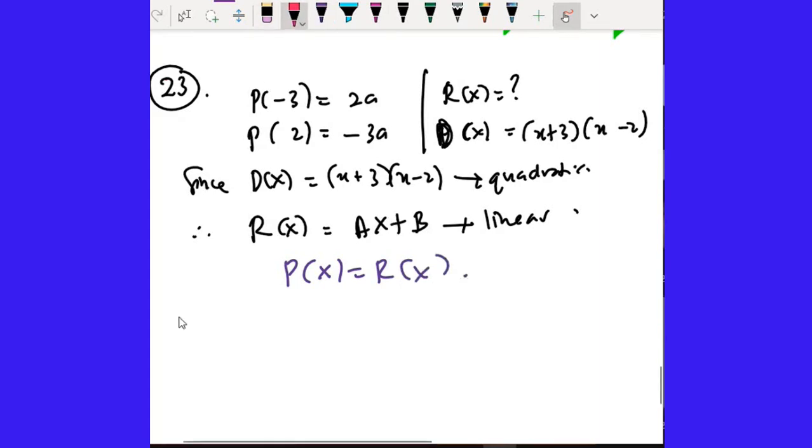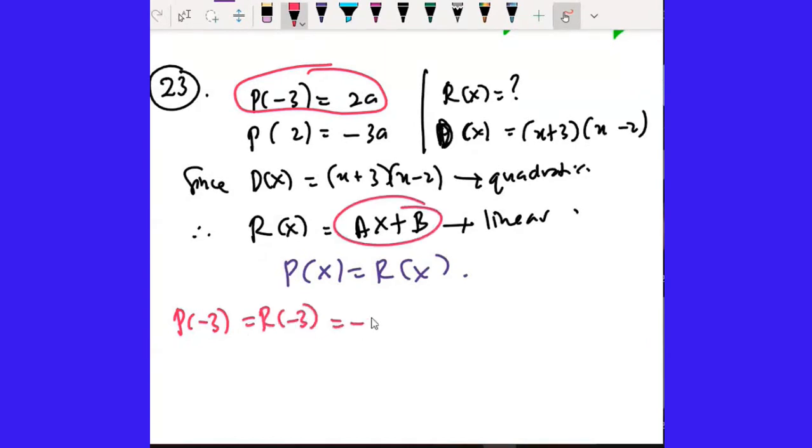First, when x is negative 3, P of negative 3 equals R of negative 3. Substitute: negative 3A plus B is equal to 2A. This is one equation.